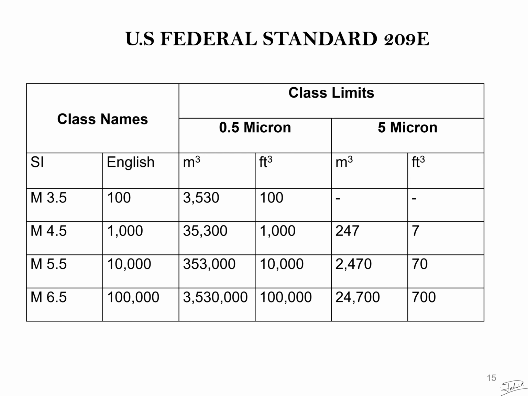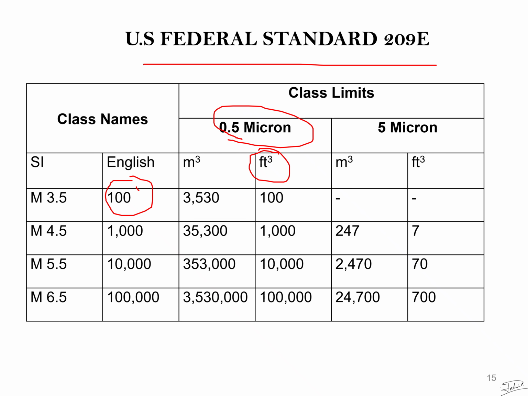Here is the US Federal Standard classification. We have seen that 0.5 micron sized particles are measured per feet cube. In case of class 100, maximum 100 particles can be present which have a particle size of 0.5 or larger.